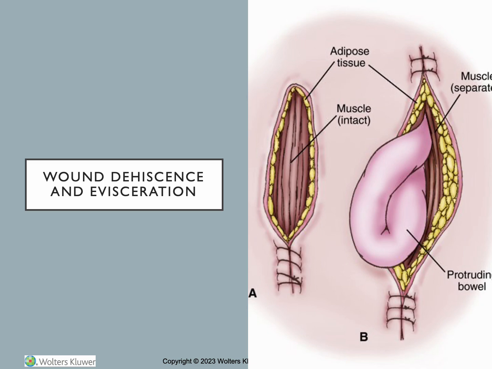So these are both things that you'll see. Another complication that you'll see is a fistula formation, and I don't have a picture of that, but a fistula is basically when there's a hole that occurs between one part of the body and another. Sometimes you'll see fistula formations in folks who have severe ulcerative colitis, and their bowel starts forming a fistula with their bladder.